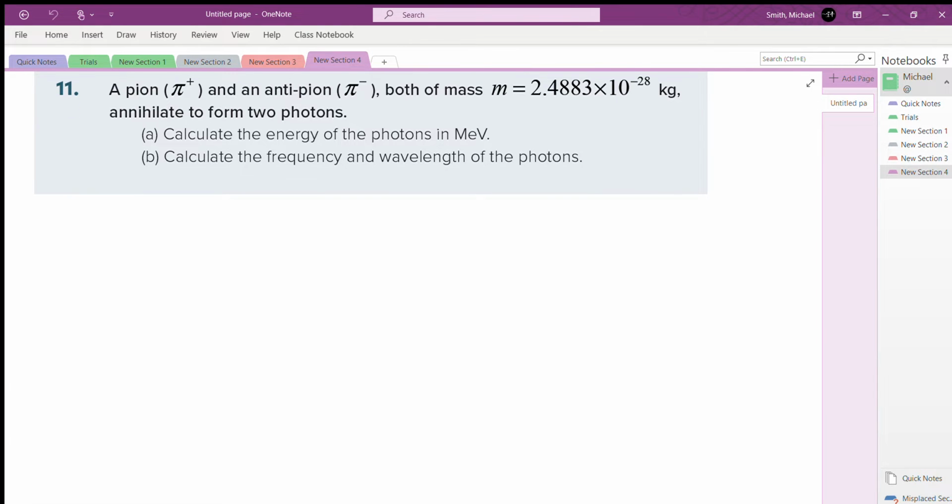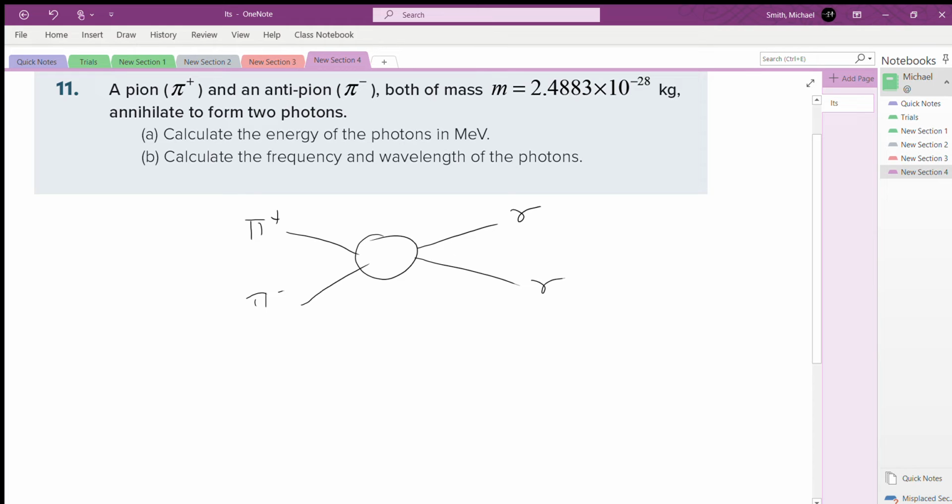those photons. Now, before we get too excited, I think we might just draw a picture of what's actually happening. So we have our pion and our antipion annihilating, forming two photons.